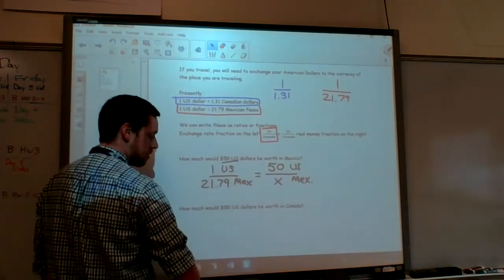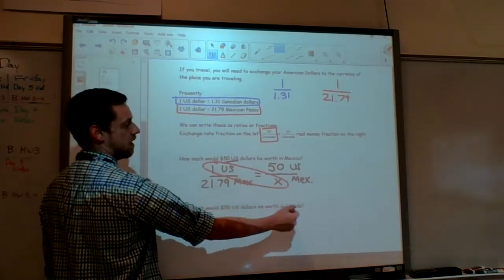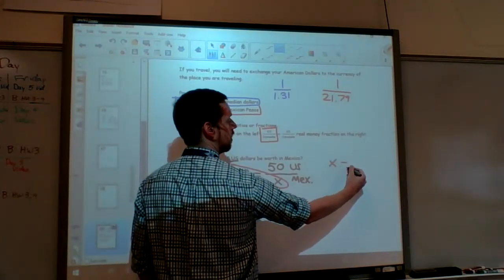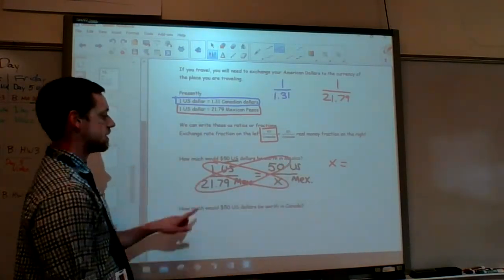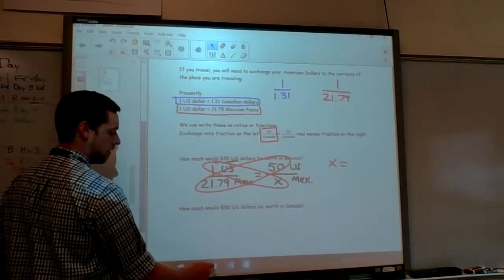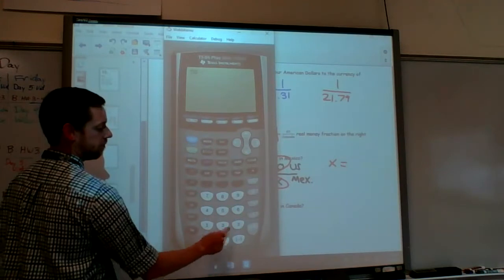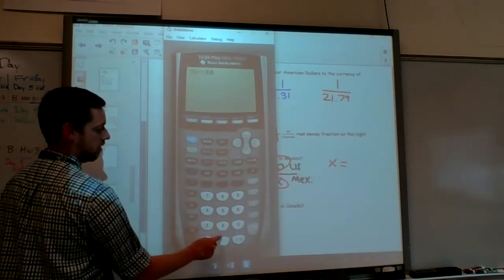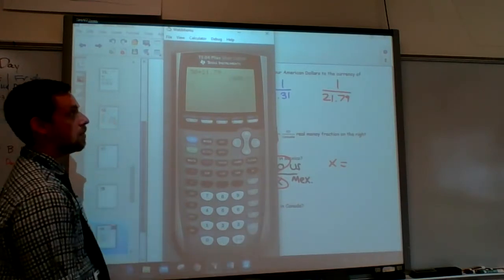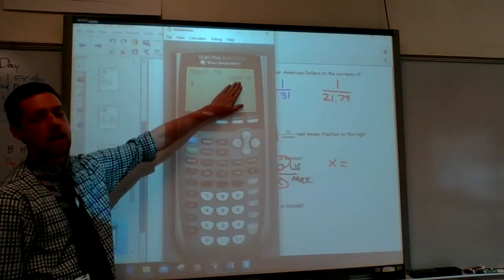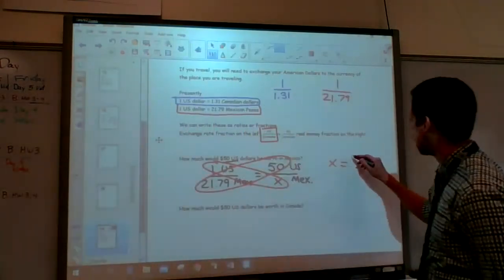So now all I have to do is cross multiply. 1 times x is 1x. 50 US dollars times 21.79. If I do 50 times 21.79, I would have 1,089.5 pesos.